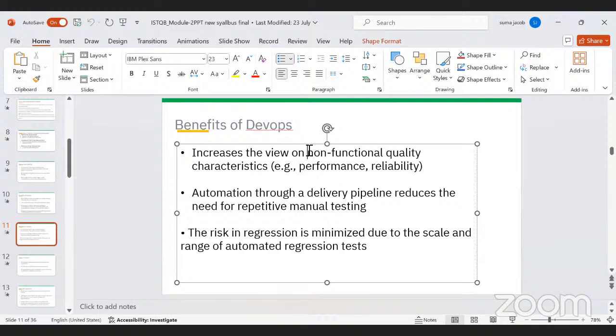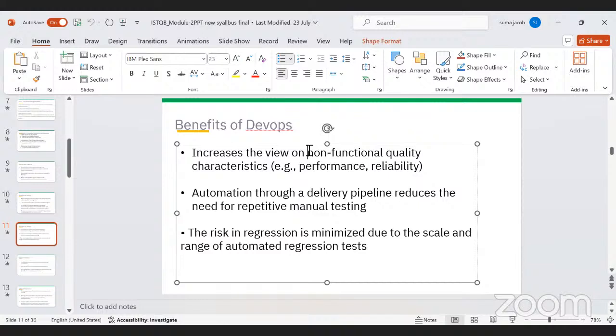In general testing, all these different non-functional quality characteristics would be tested mostly towards the end, once the whole application is available. But because of DevOps, unit level performance testing, unit level reliability testing, or other non-functional quality characteristic testing could be implemented in the DevOps pipeline.